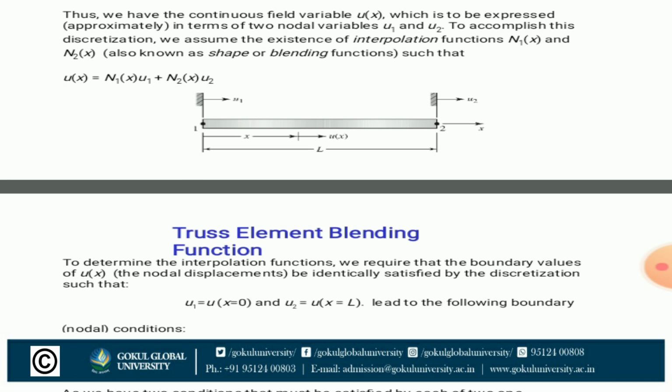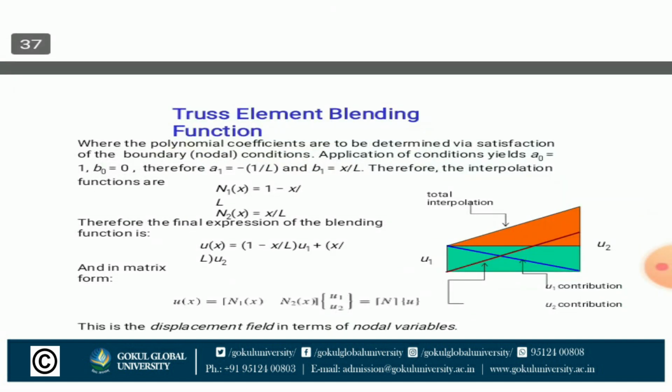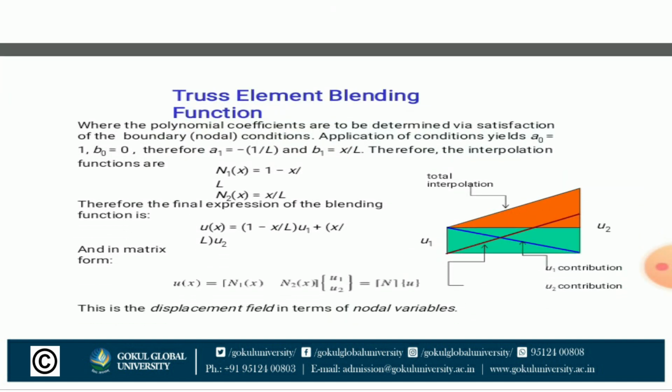So N1(x) and N2(x) are equal to a0 plus a1x and b0 plus b1x. So here you can see the truss element shape functions with u1 and u2 as the linear displacements, and by applying the conditions for N1 and N2 at x equal to 0 and L, we get the total interpolation function and the final equation of the shape function, the combination of the two conditions, right?